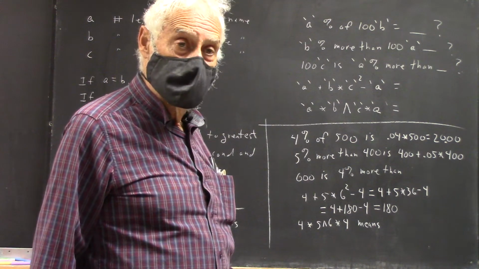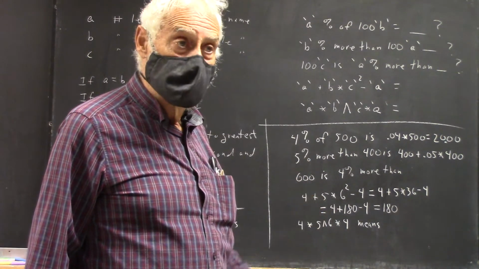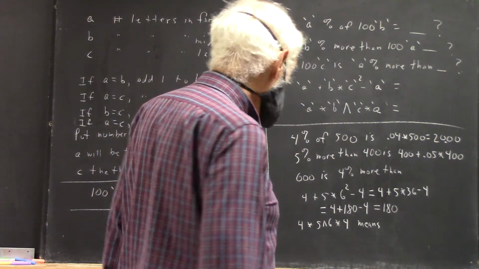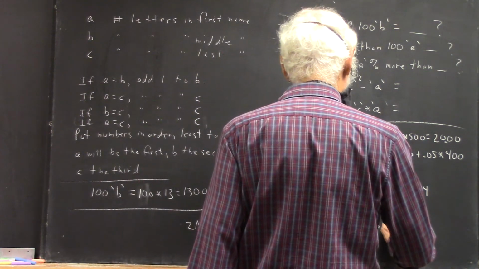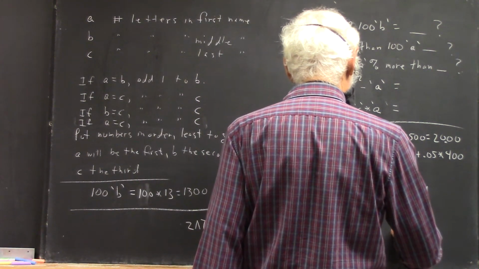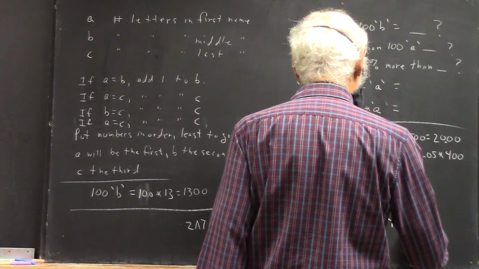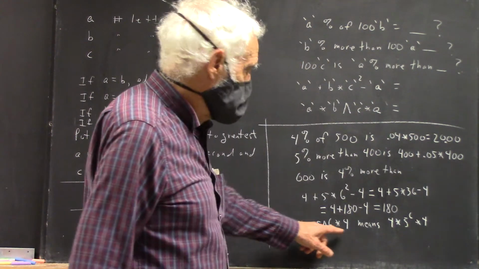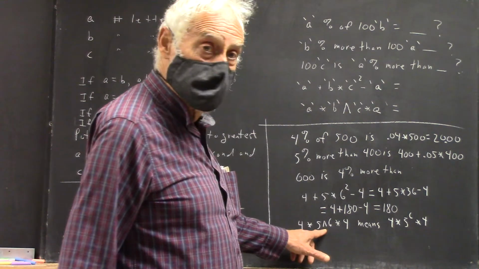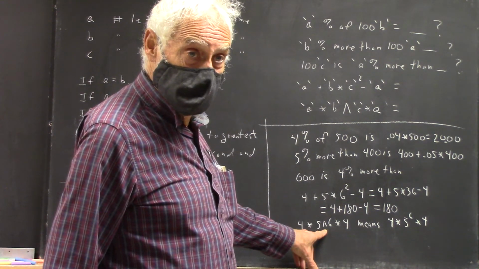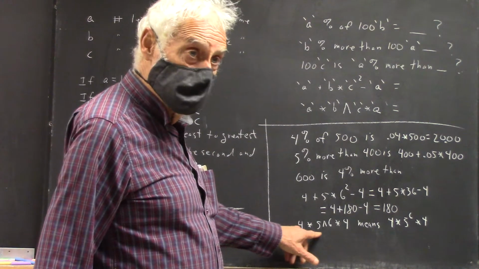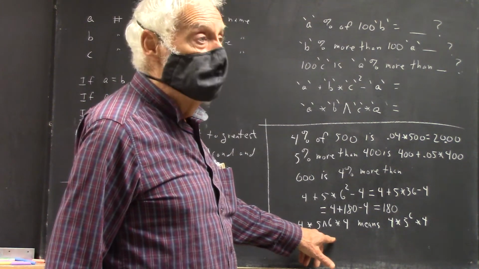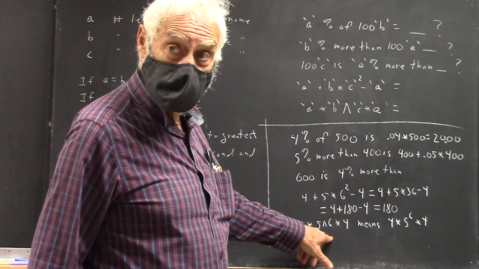Which one's first? You raise to the power first. If you do that, that means 4 times 5 raised to the 6th times 4. You don't multiply 6 times 4 before you do the exponentiation. You don't multiply 4 times 5 before you do the exponentiation, because the exponentiation has to be done first.